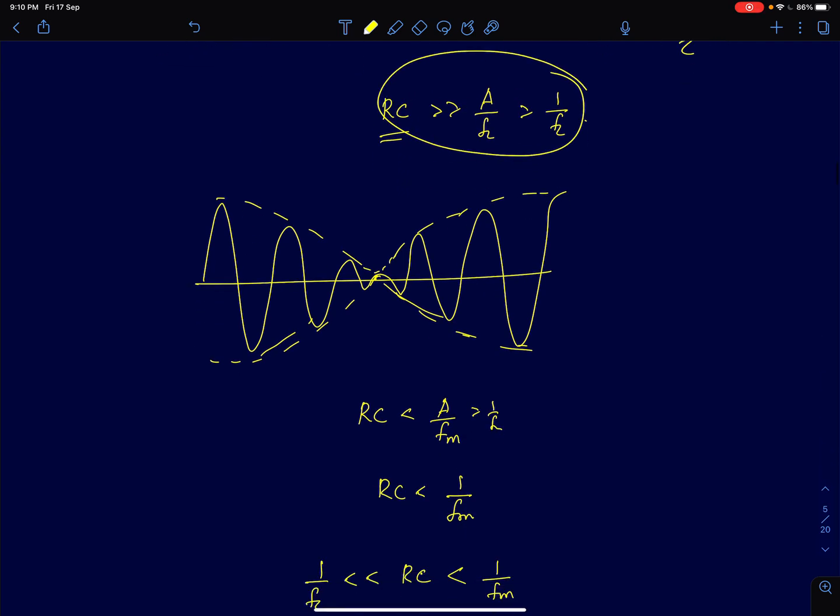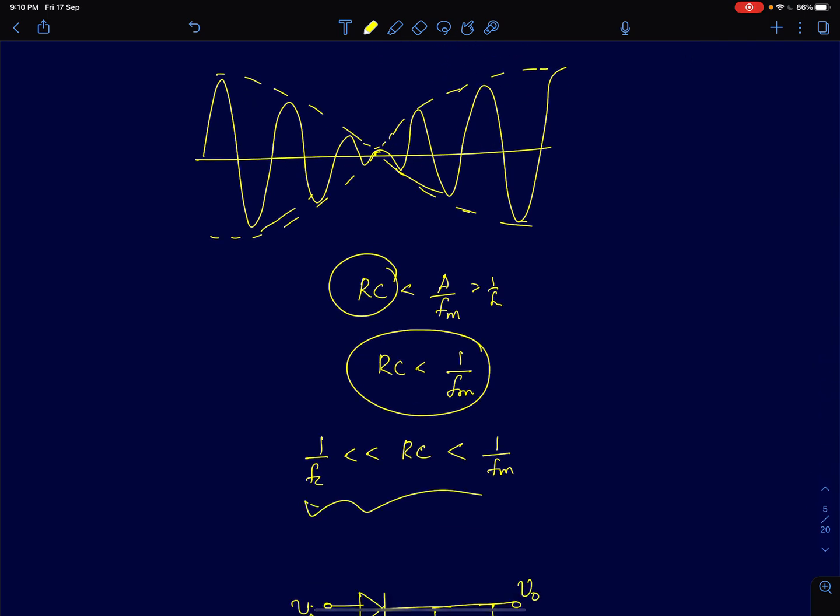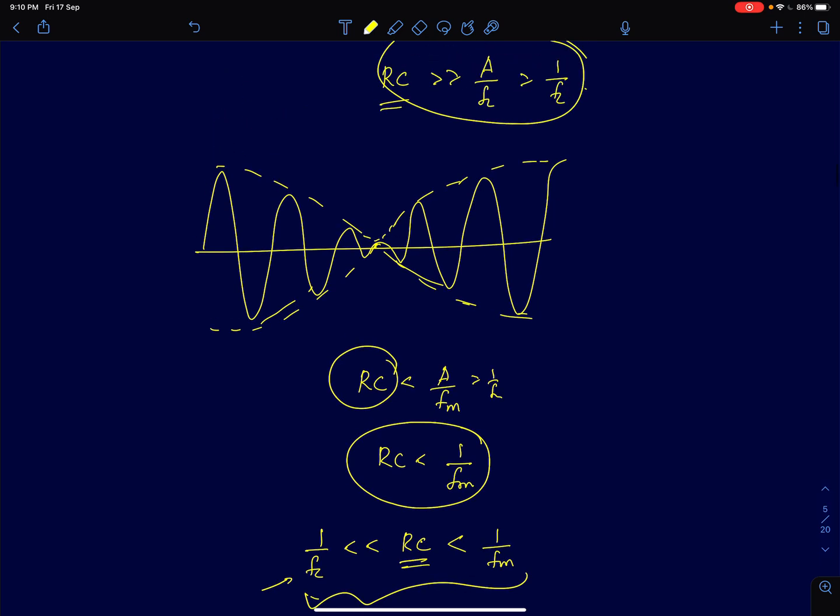The other condition is that the time constant should be low enough so that it's able to track the amplitudes, so RC should be less than 1 by fm. So the condition that we'll have to satisfy is that your time constant here should be much greater than 1 by fc, because you don't want to track the carrier frequency at all. The carrier frequency is changing at a much faster rate.